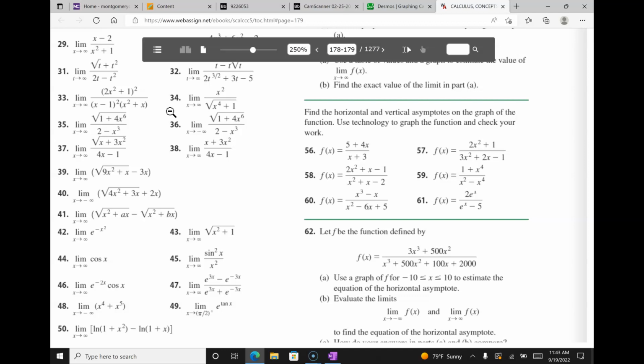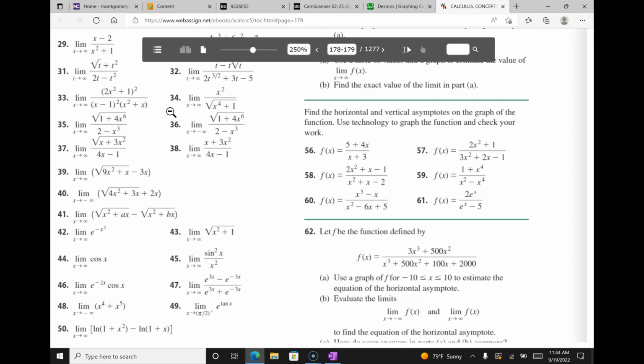So what's my limit going to be there? It's 4x to the 4th over x to the 4th, so 4. When the numerator dominates, it's going to go to infinity. When the denominator dominates, it's going to go to 0. And in between, when the numerator and denominator have the same power, it's going to go to some horizontal line.